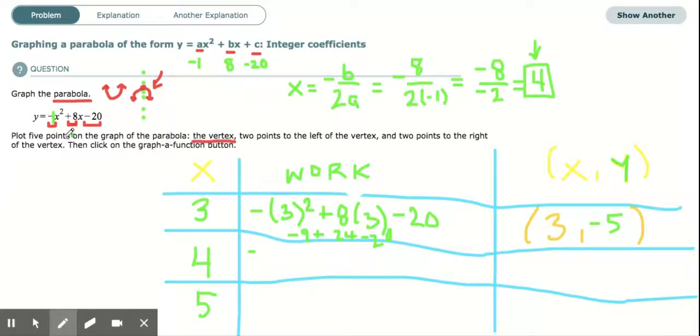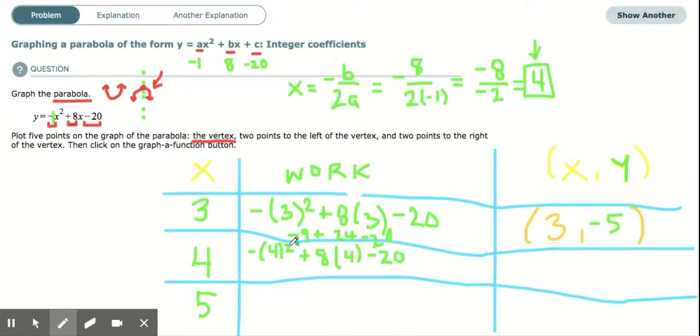So it's negative x squared, plus 8x, minus 20. I'm just writing the same thing, but wherever I see a 3 for the x that I plugged in, I'm putting in a 4 now instead, right? Because it's the same equation, still that parabola. But now I'm seeing, what do I get for my output when my input is a 4?